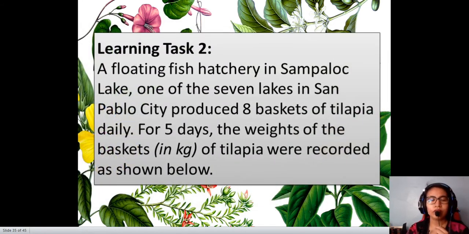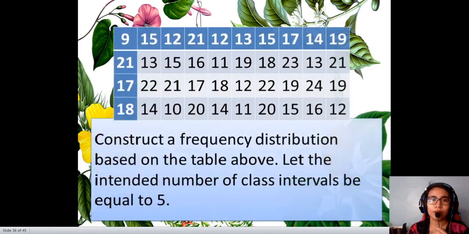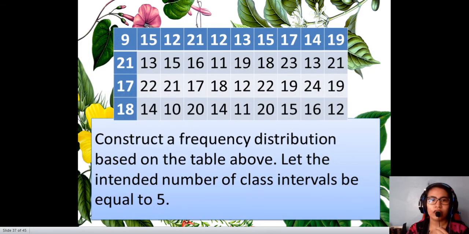Next, we have Learning Task 2. A floating fish hatchery in Sampaloc Lake, one of the 7 lakes in San Pablo City, produced 8 baskets of tilapia daily. For 5 days, the weights of the baskets of tilapia in kilograms were recorded as shown on the next slide. So here is the data.